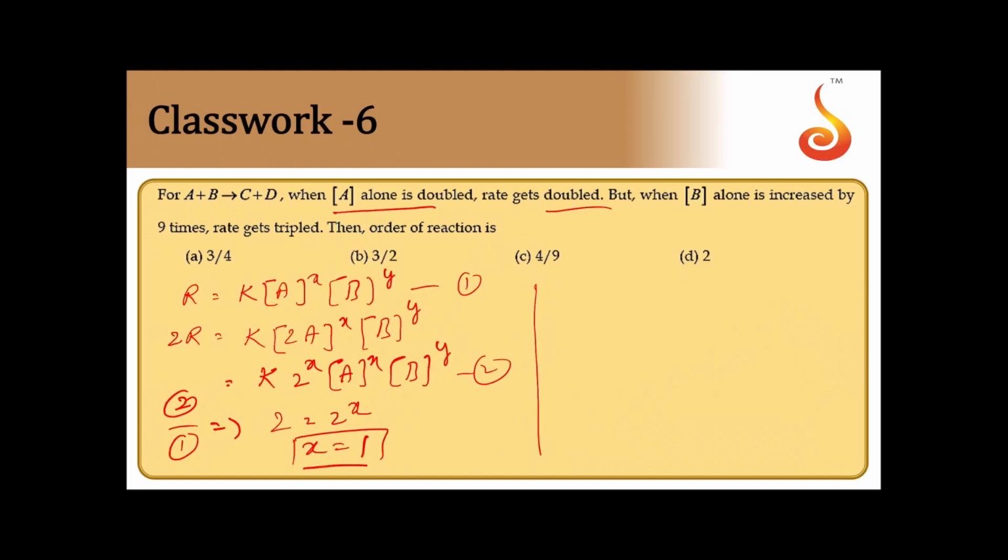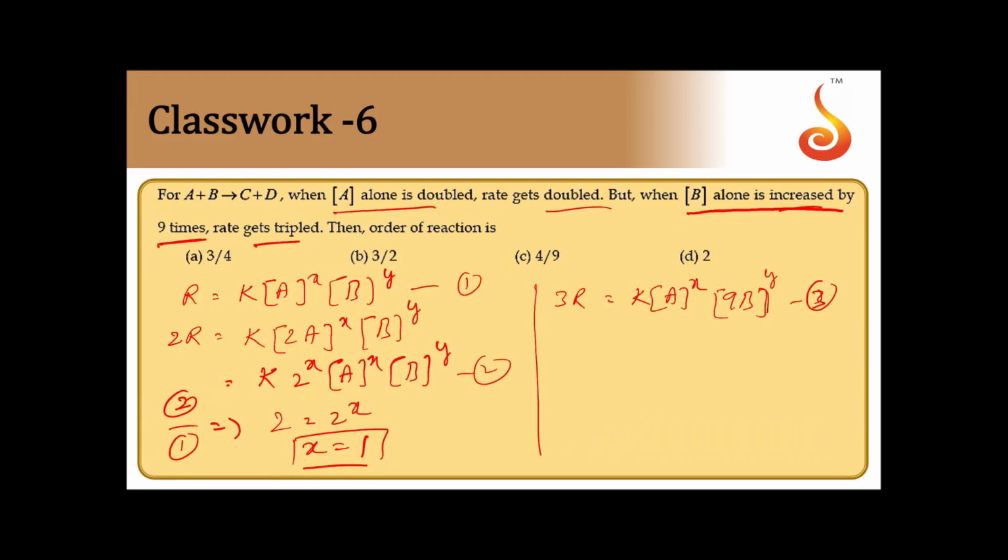Next, when B alone is increased by 9 times, rate gets tripled. Means 3R is equal to K into A to the power of X. Here B is now increased by 9 times, so 9B to the power of Y. Take it as equation 3.